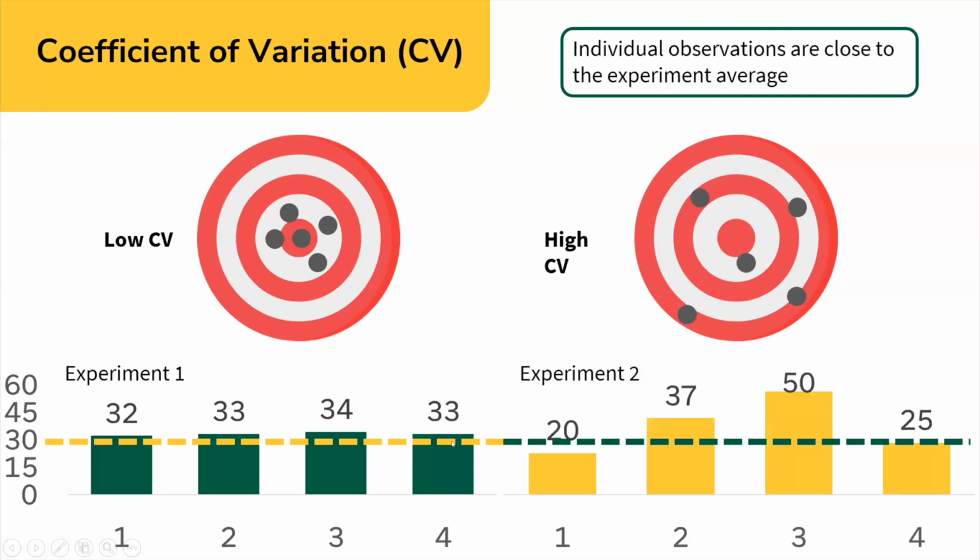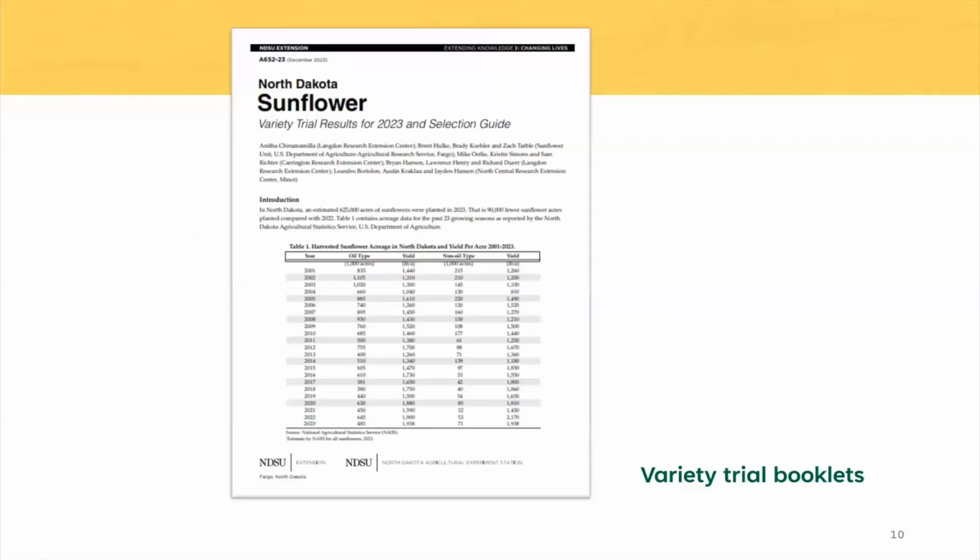But we can have an experiment number 2, where the average is exactly the same. The average is still 33, but we have much more variability. These values are much further from this average. So it's an idea of how reliable your data is, how variable it was within a treatment as well.